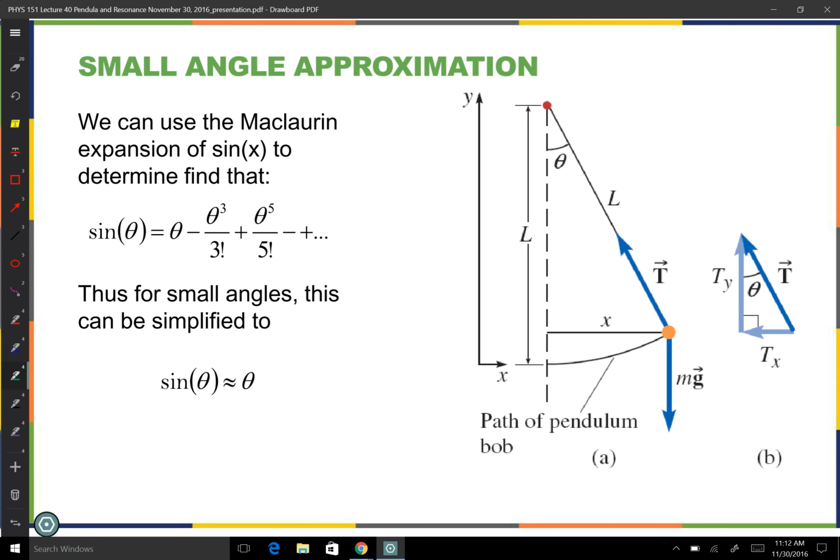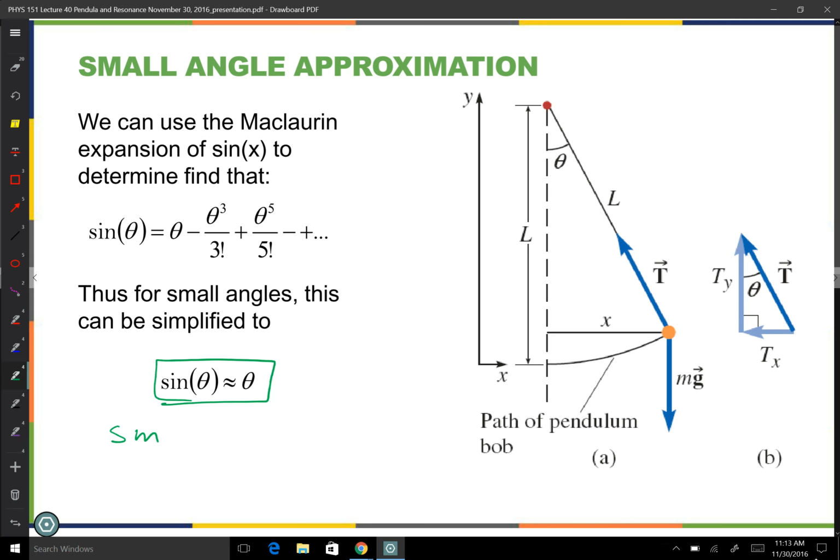It's going to be really small. It's going to be 0.000001. And then you divide that by 6, that's even smaller. So if I have these two added or subtracted together, the one that's theta cubed is going to be insignificantly small compared to theta if I have a small angle. So only for small angles, sine theta is approximately equal to theta.